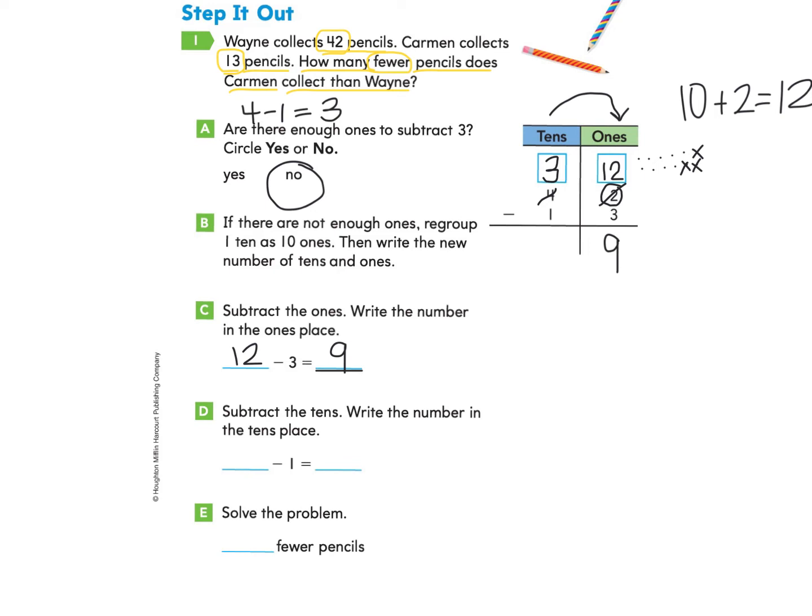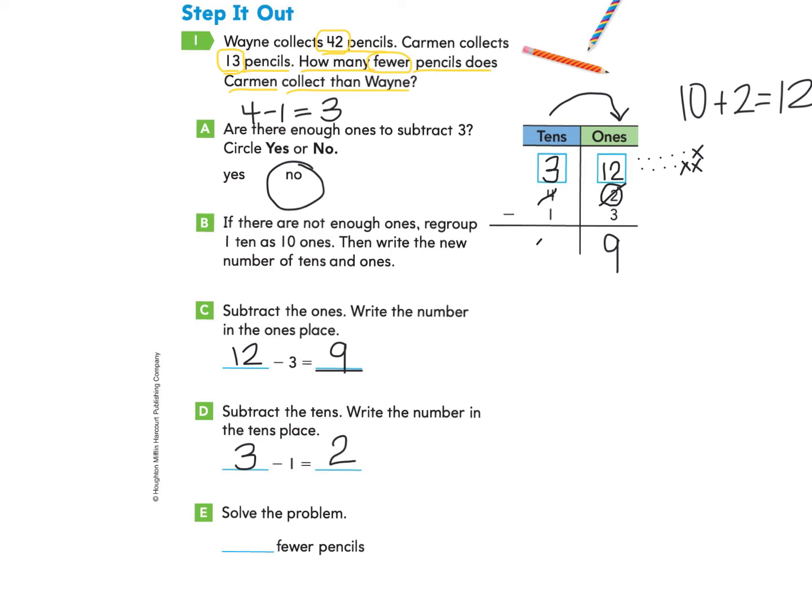Part D asks us to subtract the tens. Write the number in the tens place. So now we have 3 tens, take away 1 group of 10. So we're going to write that here. 3, take away 1. And when we have 3 take away 1, we know that that is 2.